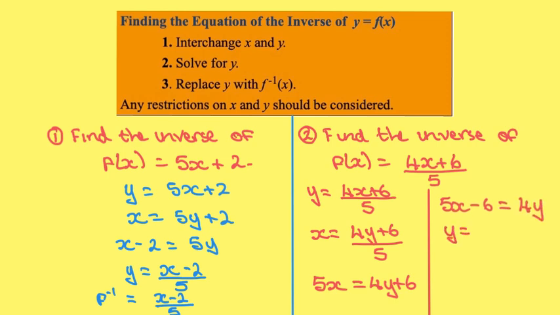Therefore, y equals 5x minus 6 divided by 4. Replace y with f to the minus 1 of x. So you get f to the minus 1 of x equals 5x minus 6 over 4. So the inverse of f of x equals 4x plus 6 divided by 5 is f to the minus 1 of x equals 5x minus 6 over 4.